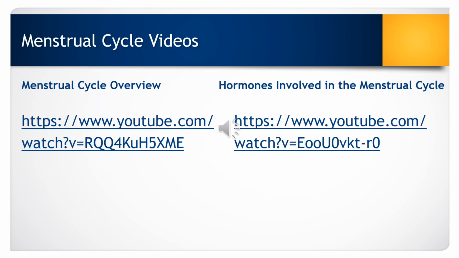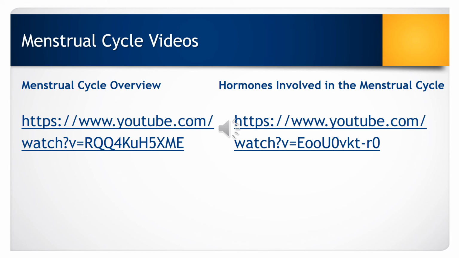Here I've included 2 videos that give visual as well as verbal explanations of the menstrual cycle. The first video gives a great overview of the menstrual cycle and how all of the feedback systems and the hormones come into play to develop a mature follicle or egg, how ovulation occurs, and what happens after ovulation to the endometrial lining of the uterus, and how all of these things work in concert together.